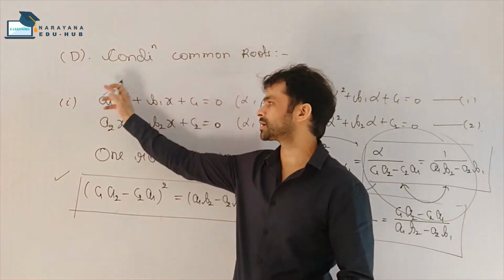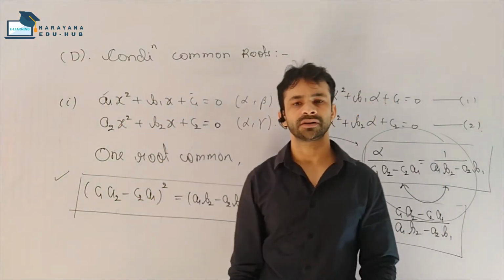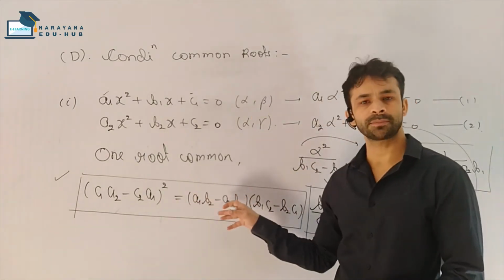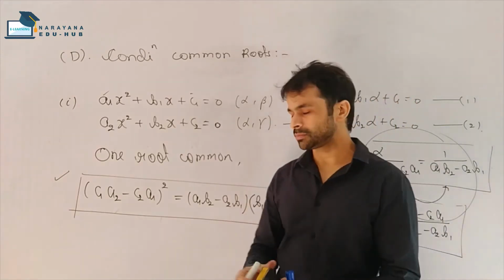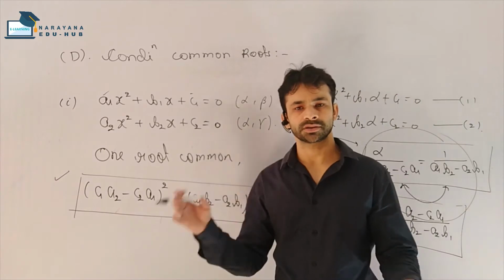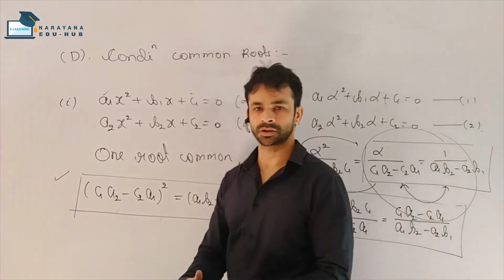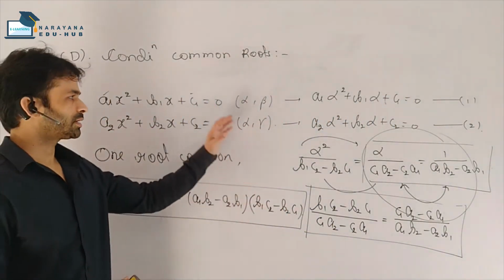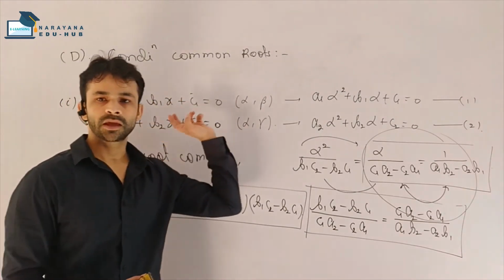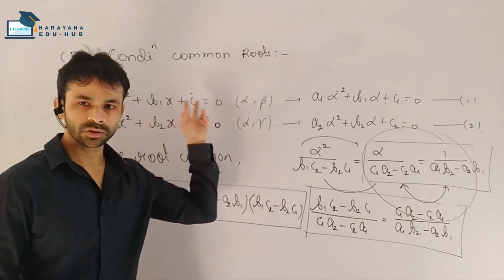It's very easy to remember. Firstly, you use a and c, so you write c1 a2 minus c2 a1 whole square. Then you use a b and then b c: a1 b2 minus a2 b1 into b1 c2 minus b2 c1. Just remember the sequence. First use the coefficients a1, a2 and c1, c2.